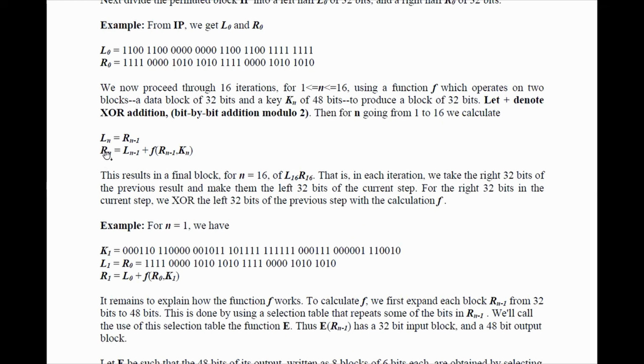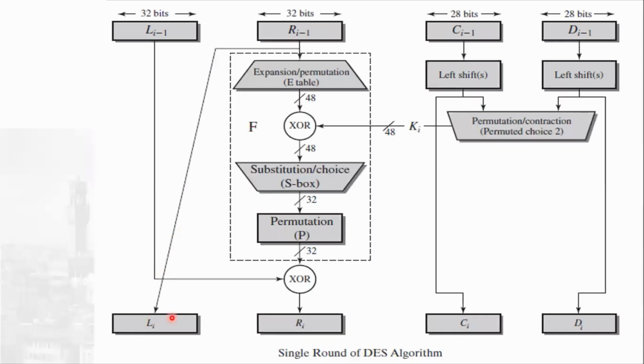So how do you calculate the left part and right part? For the next round, you are getting the previous round's right part as it is. So Li has to be equal to Ri minus 1 as it is.